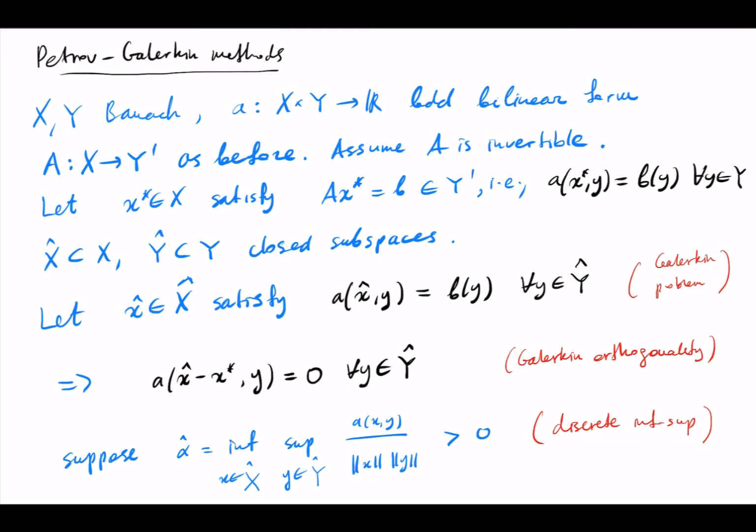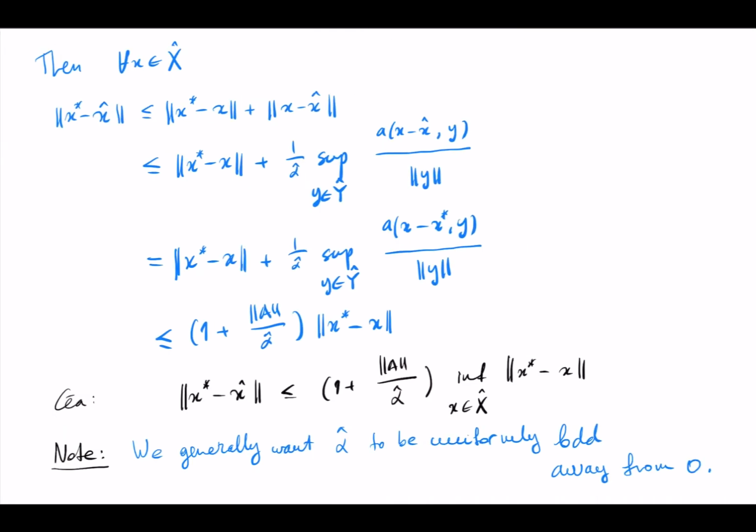So supposing that this is true, now we want to look at the error of the Galerkin solution. We look at the error of the Galerkin solution by using the triangle inequality. We can write this. So we are simply considering an arbitrary vector from X hat, and by using the triangle inequality we can write like this.